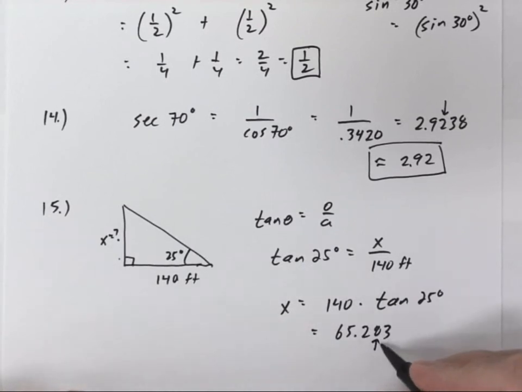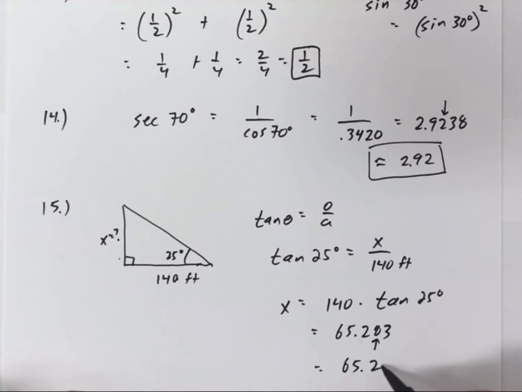Since I say round to 2 decimal places, since I got a 3 here, it just stays. 65.28 feet.